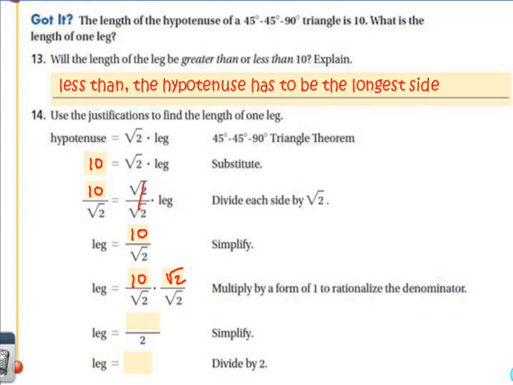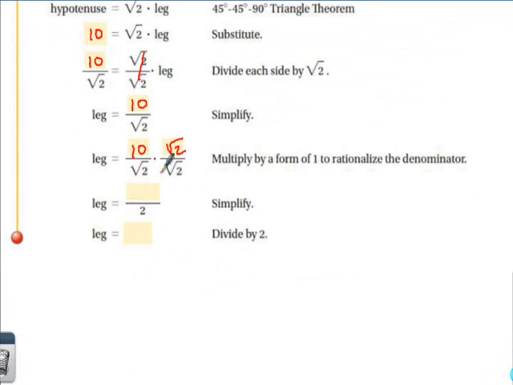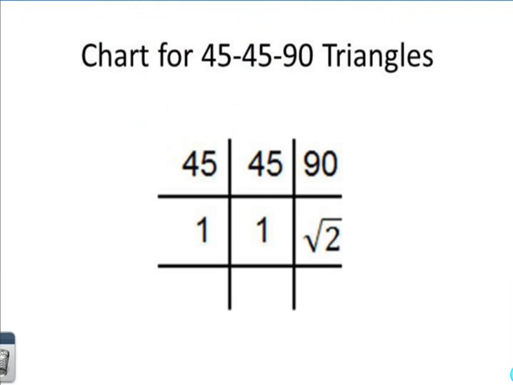This is how we rationalize a fraction. Up top, I now have 10 times square root of 2. The bottom became 2 because the square root of 2 times the square root of 2 is the square root of 4, and the square root of 4 is 2. Then I divide the 10 by 2 and get 5 square root of 2. It really is that simple.